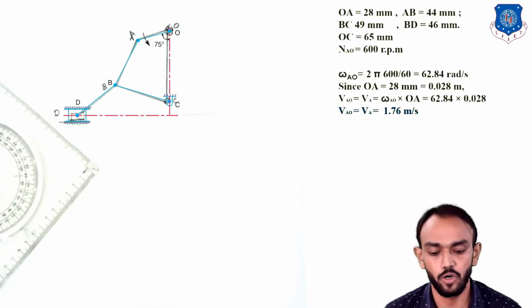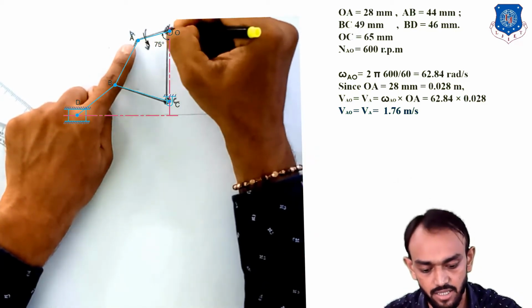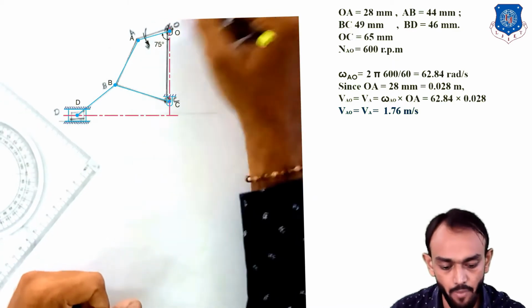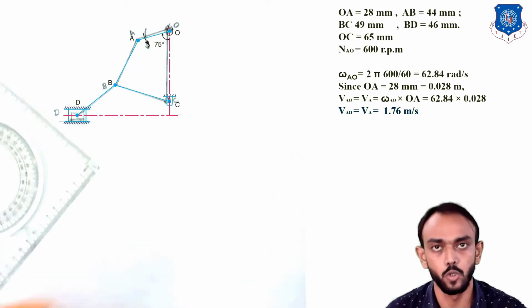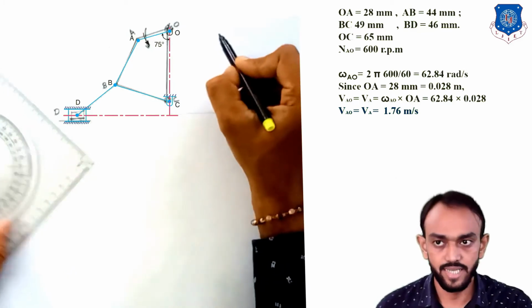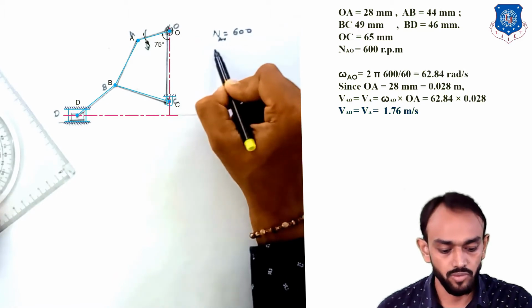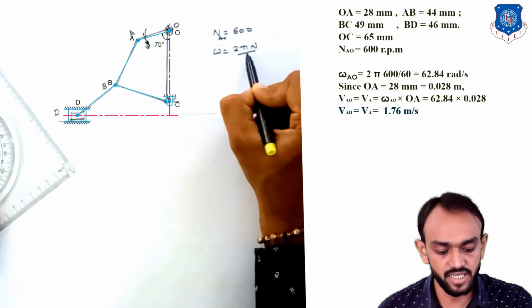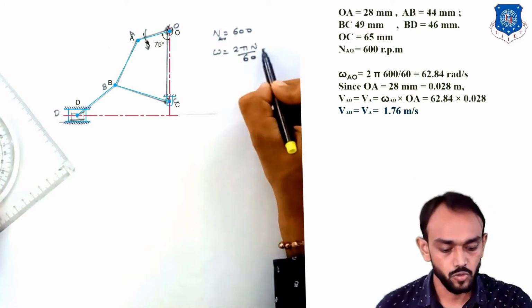Now for drawing the velocity diagram, you can see on the screen the RPM of this AB link is given. This means A is rotating in this direction. The crank is rotating with respect to point O, and the RPM is given, so we can find the linear velocity here. The RPM is given as 600, so we find omega as 2 pi N upon 60.